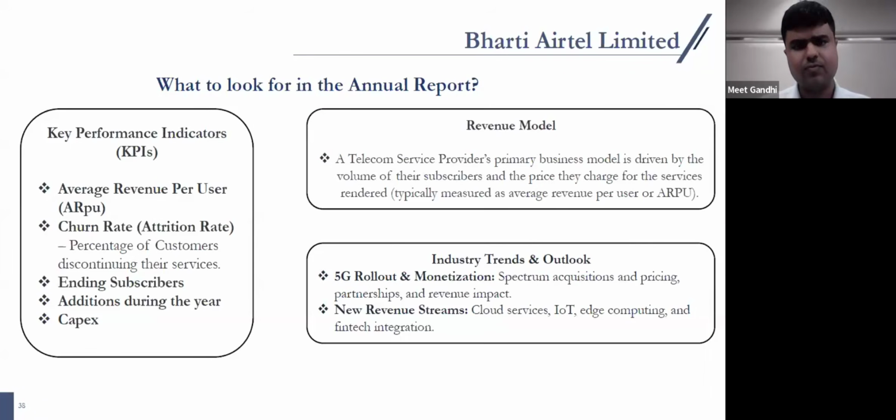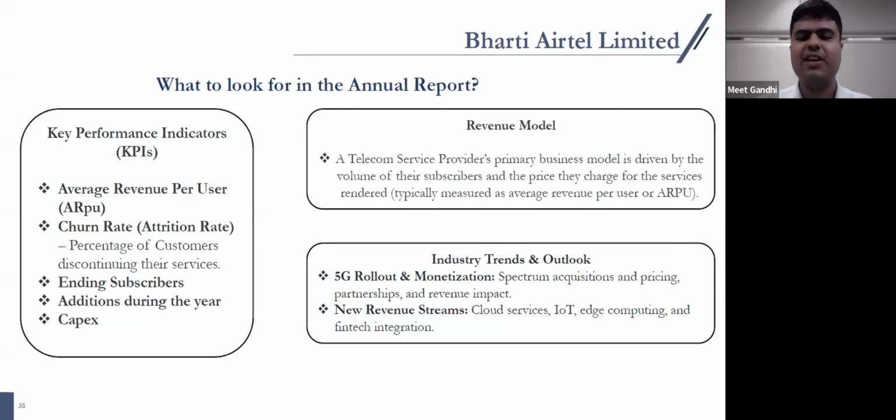Then there are the addition and ending subscribers for the industry, and the capex, because the telecom industry is capex driven, where a large amount of towers and infotech and even investing in new technologies and industry trends such as cloud services, IoT, and fintech integration is required. Even the spectrum auctions of 5G are quite capex driven.